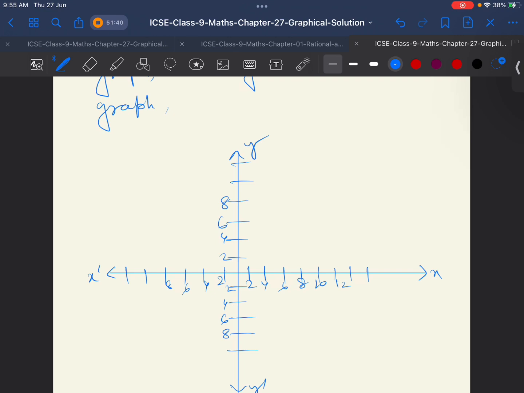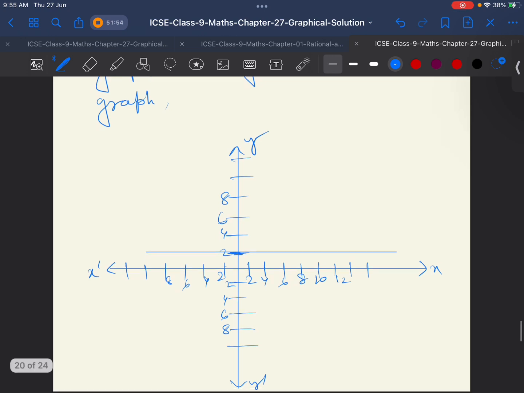Okay, so y equals to 2. We draw the line y equals 2. This is the line y minus 2 equals to 0.